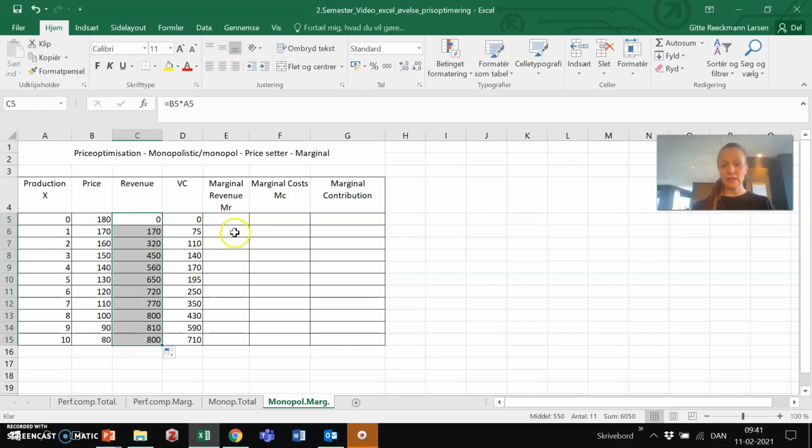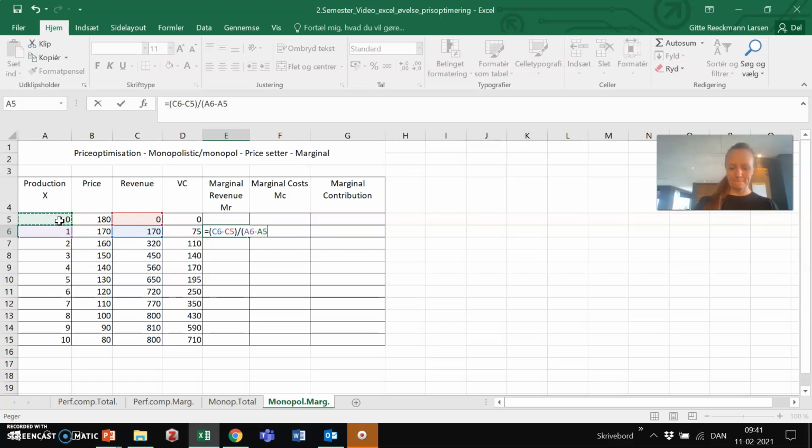So here we start by calculating the marginal revenue, so the change in the revenue caused by a change in production. Yes, and I will double click.